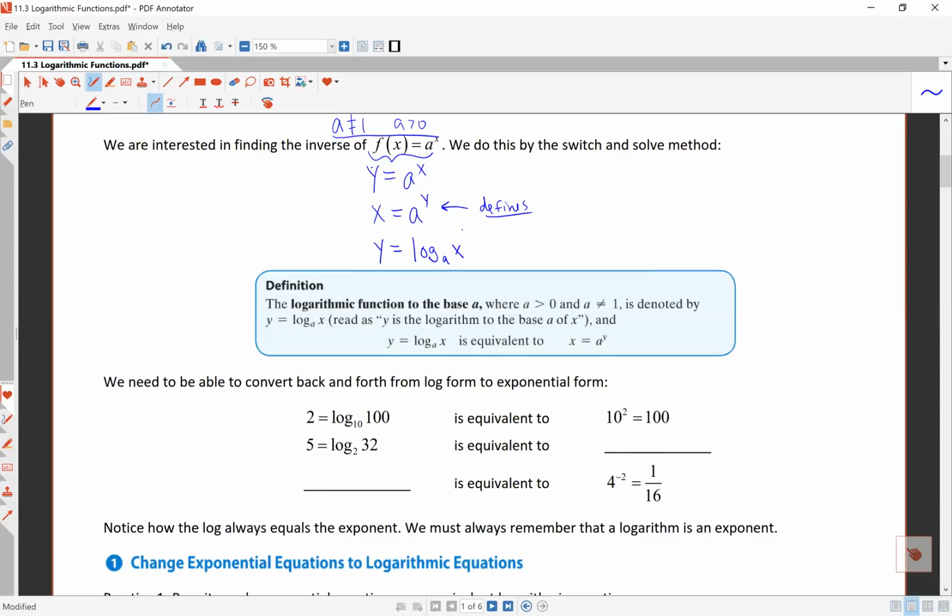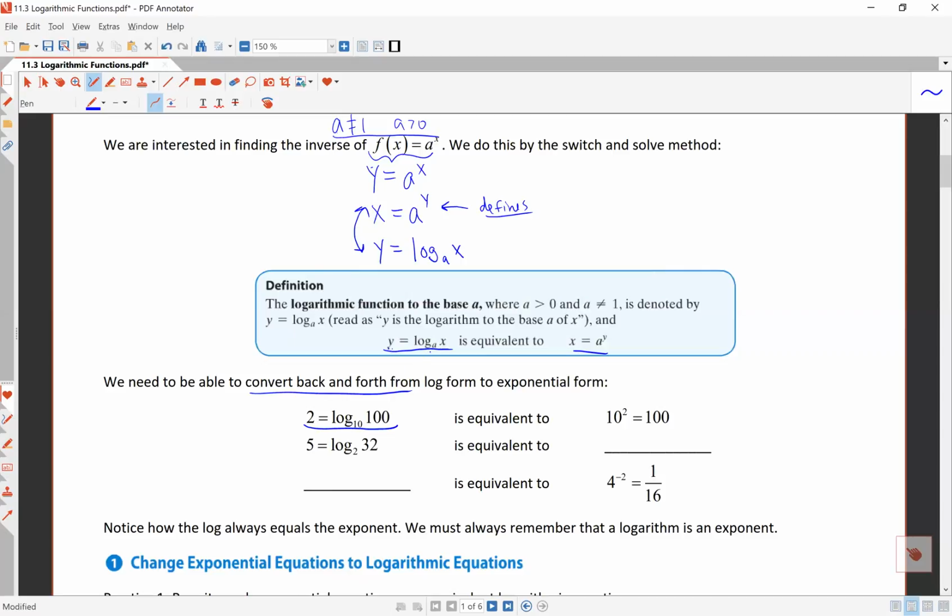And the equivalencies between these two statements is what we use to change exponential to logarithmic and logarithmic back to exponential. This is by far the most important piece out of this handout. If you have something in the logarithmic form, we can convert back and forth using these equivalencies.